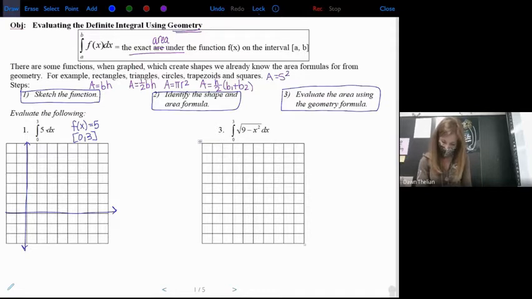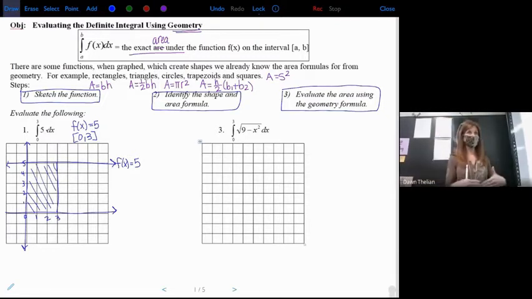And we've got up 1, 2, 3, 4, 5. And that's just a horizontal line, f of x equals 5. If we block off the interval from 0 to 3, the dx lets us know that we're stopping at the x-axis. With respect to x, the x-axis is always a bottom boundary.